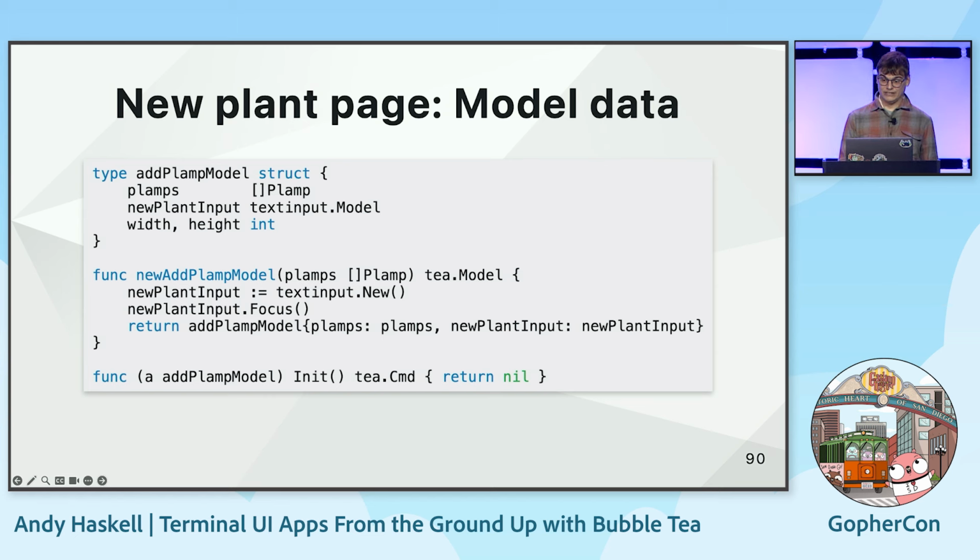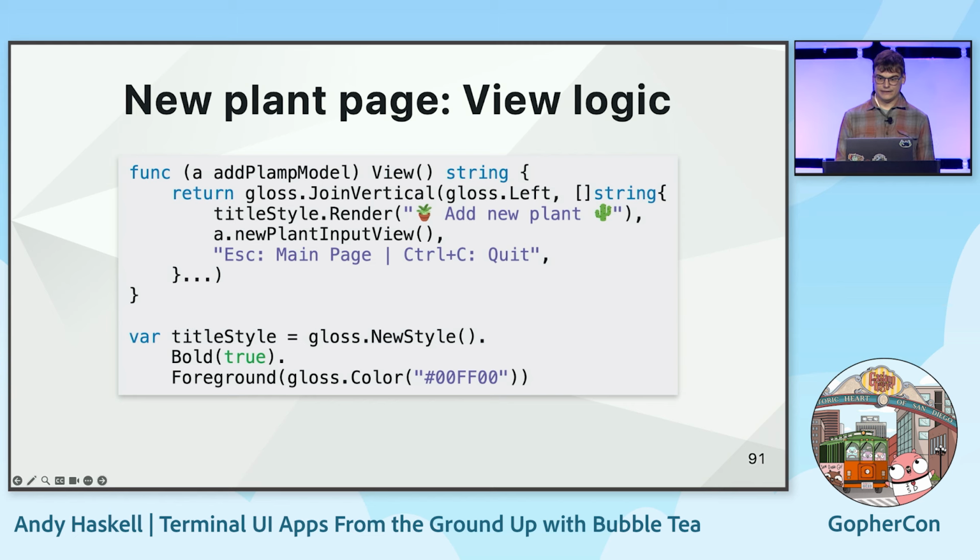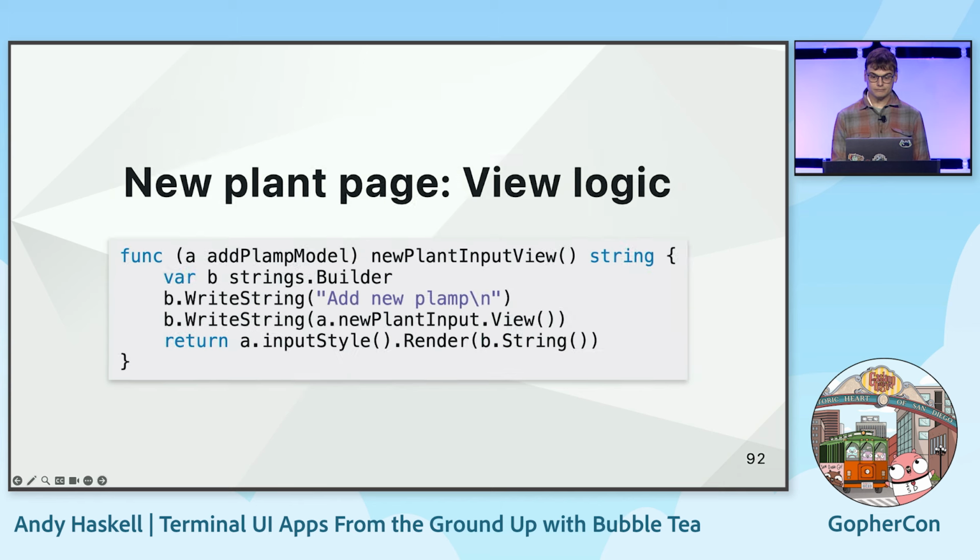Moving on to view, we're displaying the header with some plant emojis as the title of the page, which we're going to display in green and in bold. And then below that, we display the new plant input, and finally we display the instructions for the page.